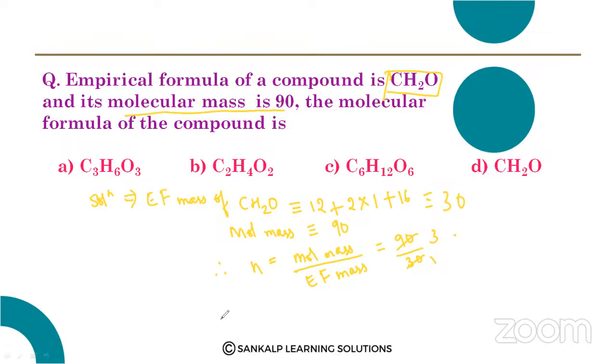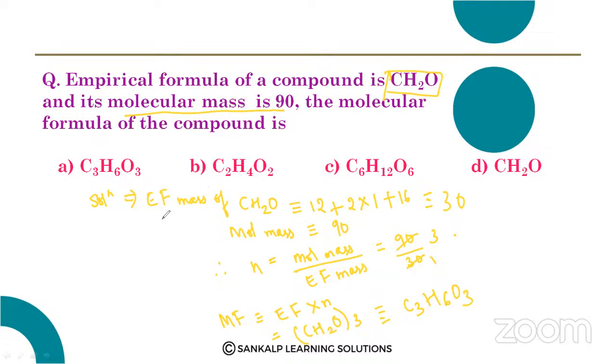So further, how to find the molecular formula? It is by multiplying the empirical formula by N. What is the empirical formula? CH2O. Multiply this by 3, and it gives you C3H6O3.